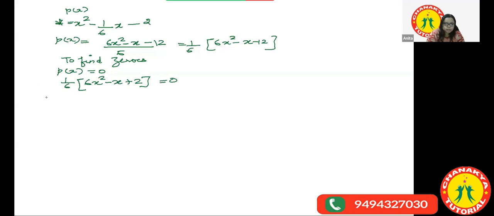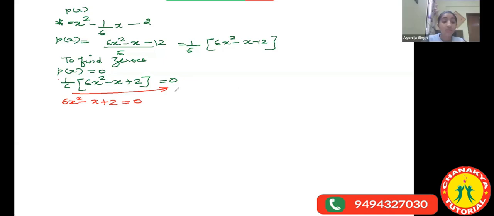Now, children, see, by cross multiplying, when you are multiplying 6 by 0, it will be 0 only. So, 6x square minus x minus 2 is equal to 0. Clear this thing? This step is clear to all? Unmute yourself. Yes, ma'am.